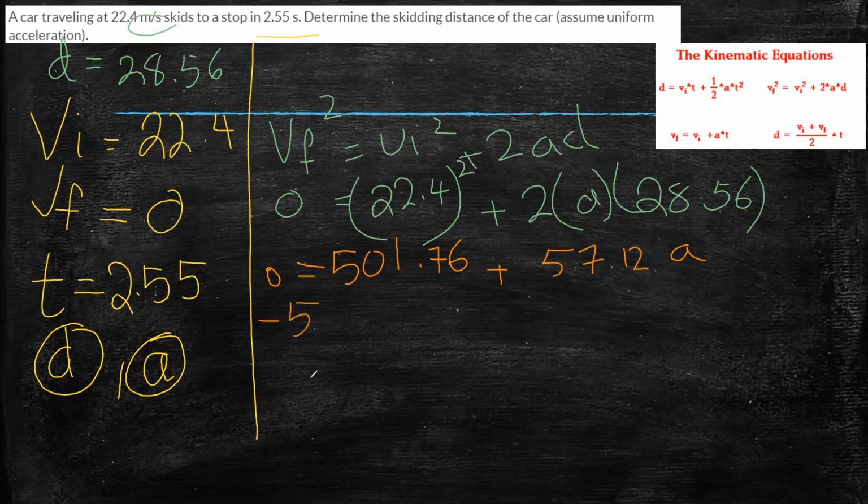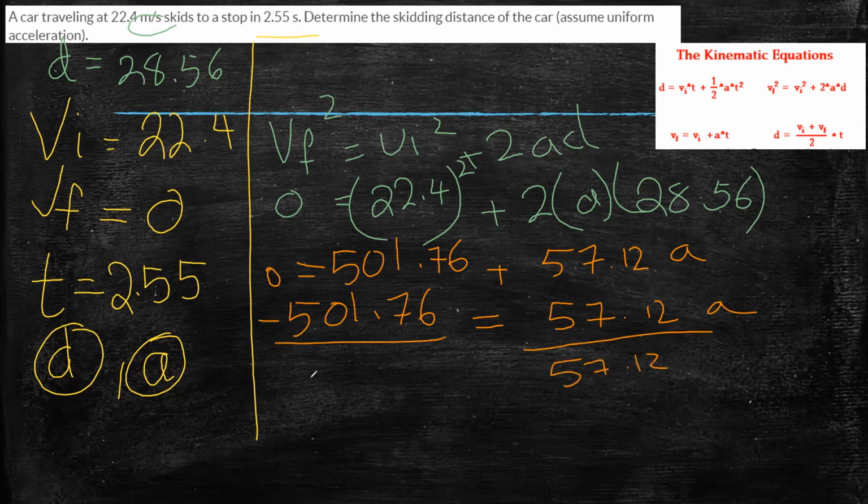So it will be negative 501.76 equal 57.12A. Divide by 57.12. So A will be negative 8.78 meters per second squared.